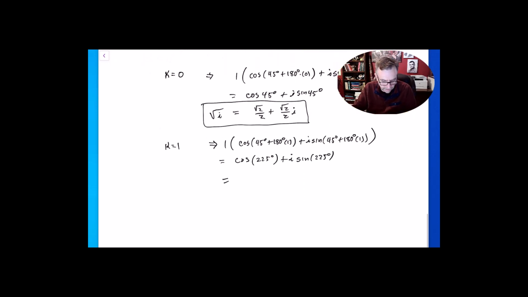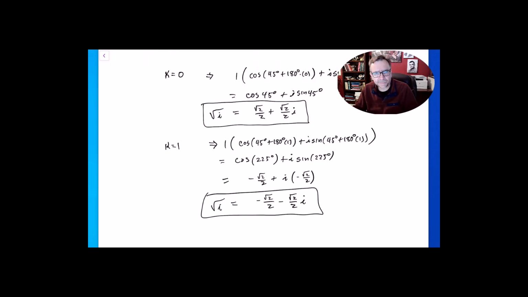Equals, and then on a calculator you get negative. We are in Q3, so negative square root of 2 over 2 plus I sine is going to be also negative square root of 2 over 2, and I get negative square root of 2 over 2 minus square root of 2 over 2 I. That's the other square root of I, right? So there are 2 square roots of I there.